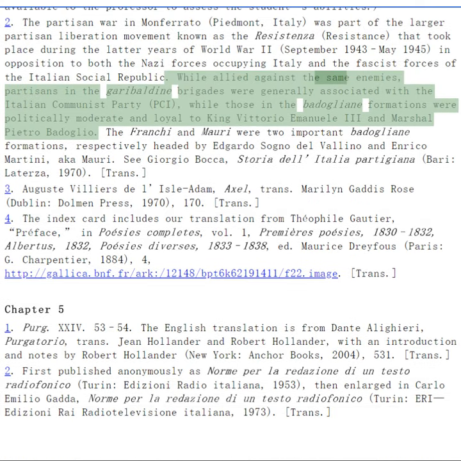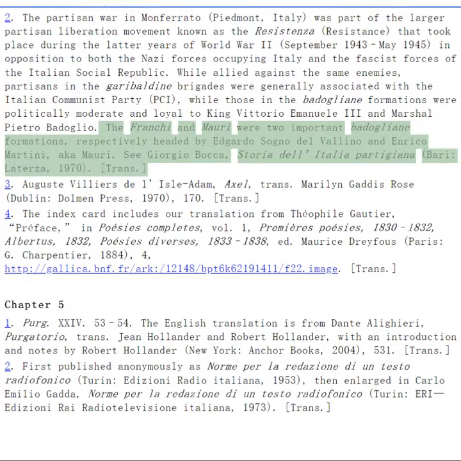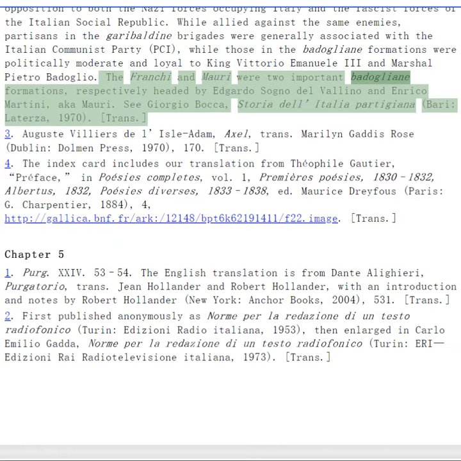While allied against the same enemies, partisans in the Garibaldian brigades were generally associated with the Italian Communist Party, while those in the Badogliane formations were politically moderate and loyal to King Vittorio Emanuele III and Marshal Pietro Badoglio. The Franchi and Mauri were two important Badogliane formations, respectively headed by Edgardo Sogno del Vallino and Enrico Martini, aka Mauri. See Giorgio Bocca, Storia dell'Italia partigiana.